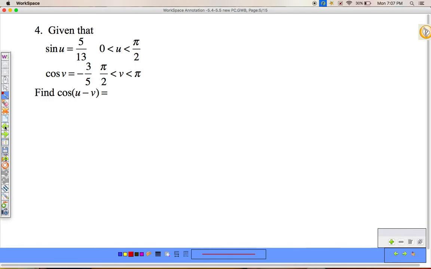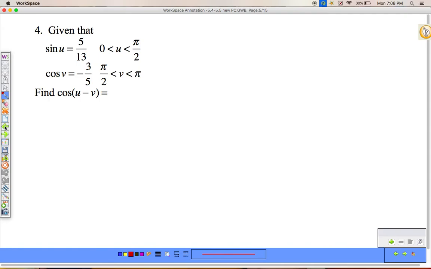So cosine of u minus v is going to be the cosine of u, cosine of v, plus sine u, sine v. I know the sine of u is 5 over 13. I know the cosine of v is negative 3/5. I need the cosine of u and the sine of v to be able to find my answer.